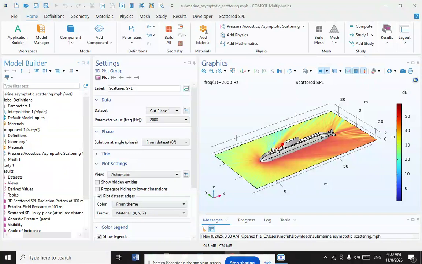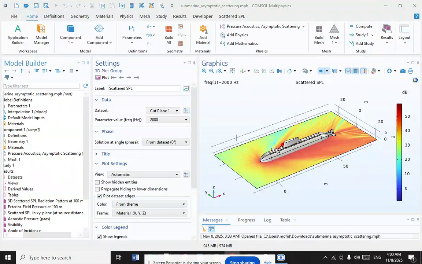High-frequency asymptotic methods for analyzing the EM scattering by open-ended waveguide cavities. Four high-frequency methods are described for analyzing the electromagnetic, EM, scattering by electrically large open-ended cavities.